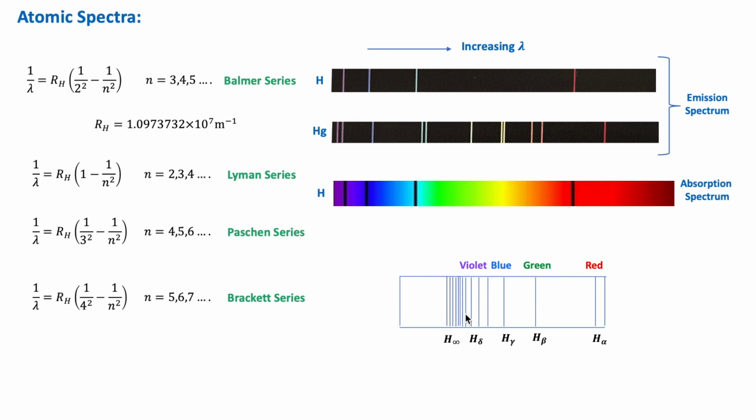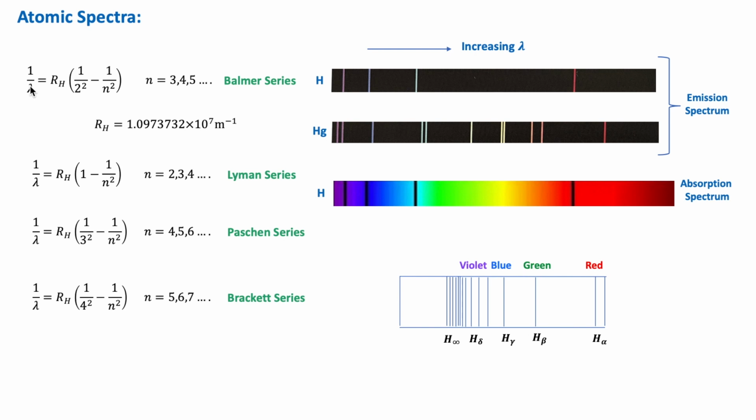And the emission spectrum is also showing other lines here, okay? So the wavelengths of these lines, which is known as the Balmer series, can be found from this equation, where n starts from 3, 4, etc. And RH is known as the Rydberg constant.